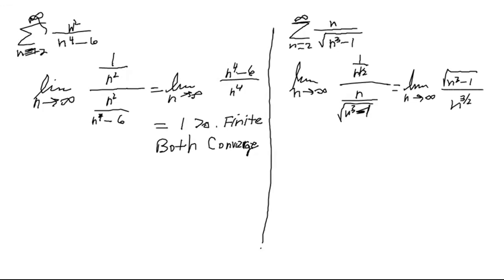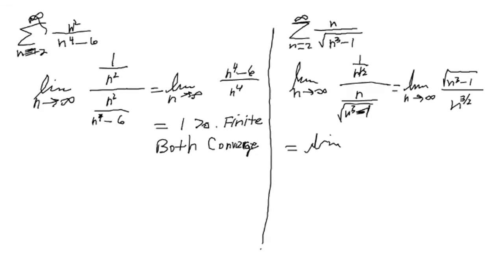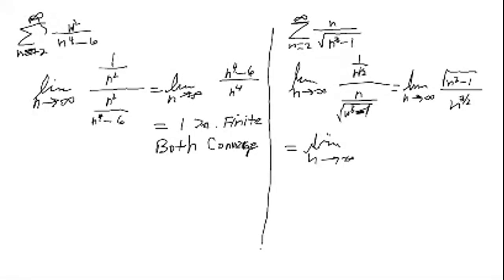Okay, so now we can rewrite that. This is a little bit shaky here. I'm not sure why, but okay. This limit, okay, so this can be rewritten like so.